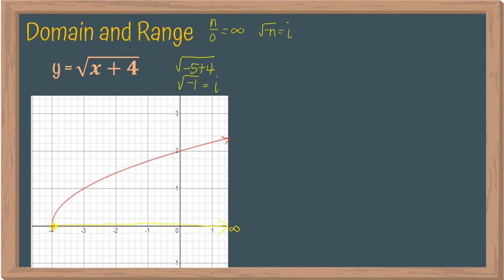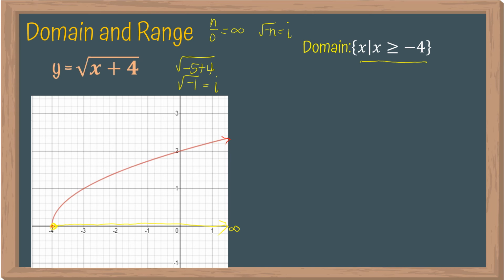So based on this one, we can say that our domain will be x such that x is greater than or equal to negative 4. Okay. So, since we were able to identify the domain graphically, how are we going to find the domain?